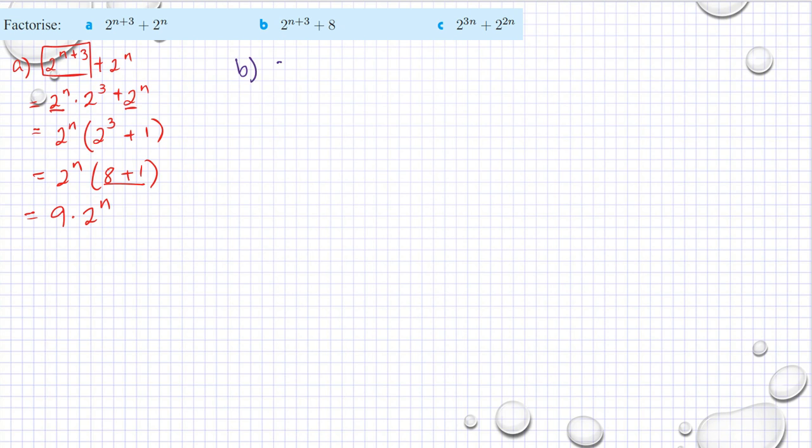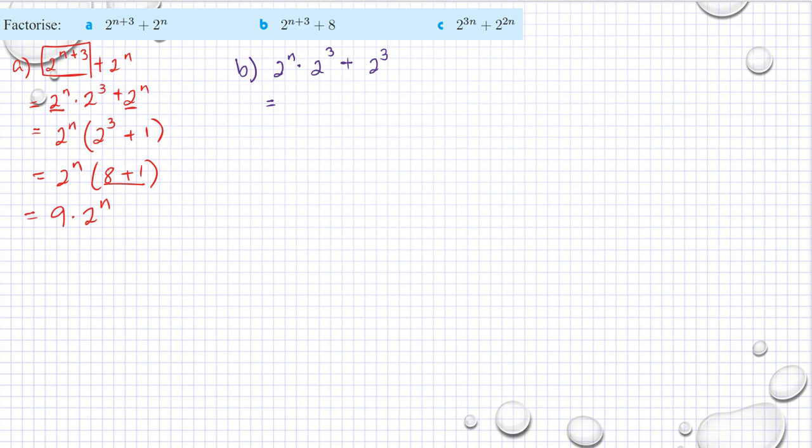Okay, B. We do the same. We have 2 raised to n plus 2 raised to 3. But 8 is also 2 raised to 3. So we simplify the common factor, sorry for that, this I missed, that should be multiplied by. The same as we did in A. So the common factor is 2 raised to 3 or 8.